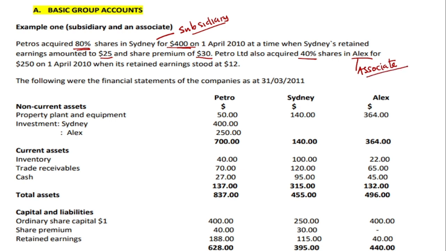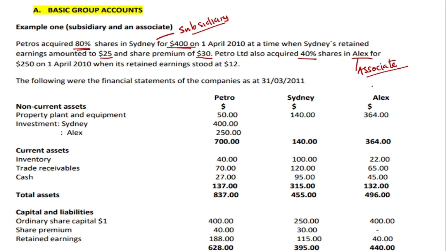And then we are given the financial statements. That's, I think, a year later. So you notice the first company, that is Petro. Petros is a parent company. Sidin is a subsidiary. Alex is an associate.